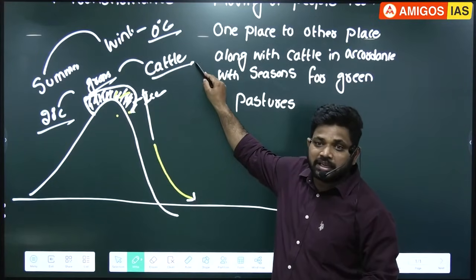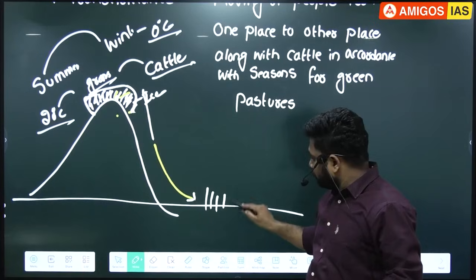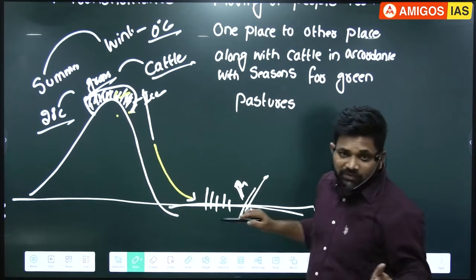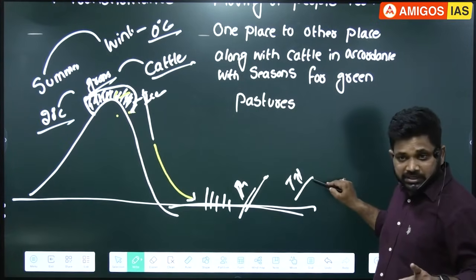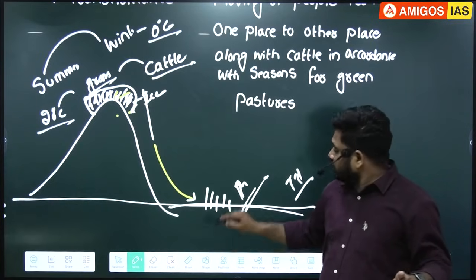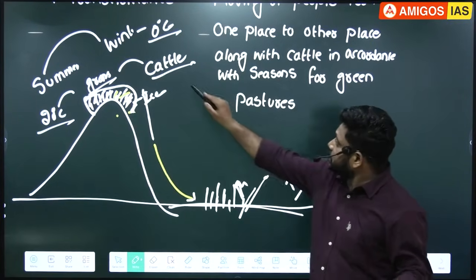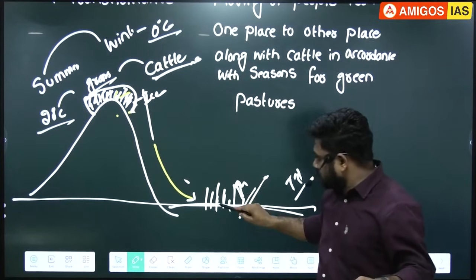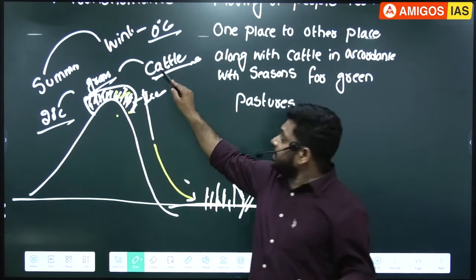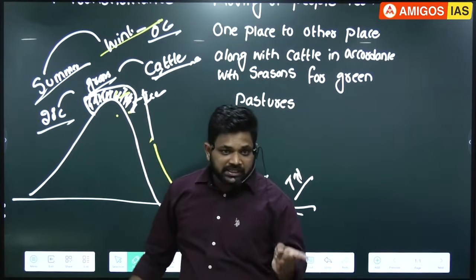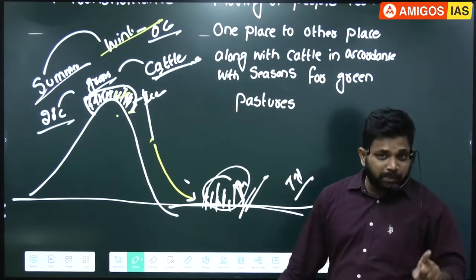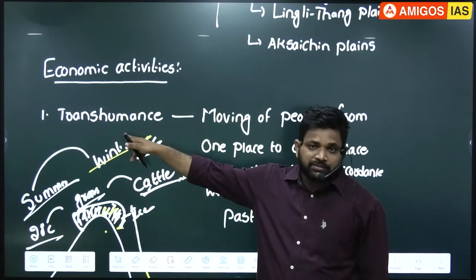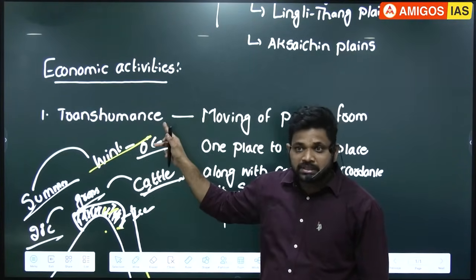For the sake of green pastures. On the foothill of the mountain, what type of temperature can you find? High temperatures. Whenever the high temperatures are there, the grass is clearly visible. This grass is consumed by cattle. So the moving of people from one place to other place along with the cattle in accordance with seasons for the sake of green pasture, what do we call that particular activity? That activity is called transhumance.